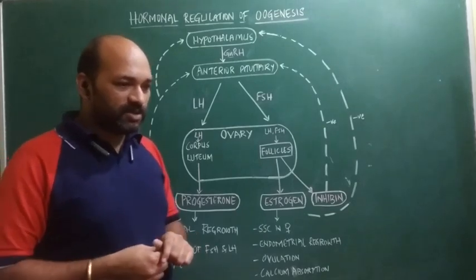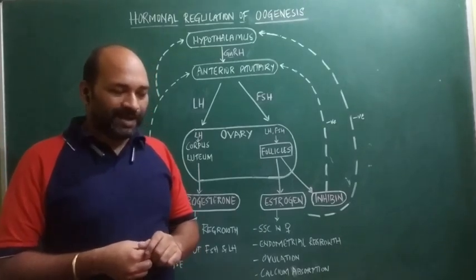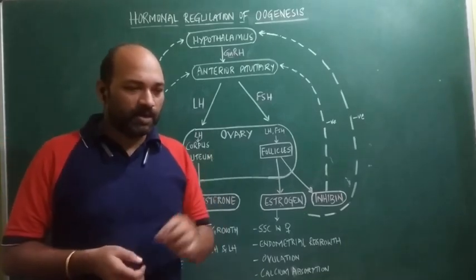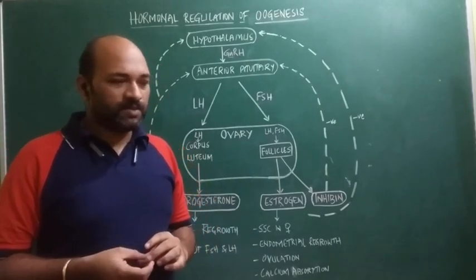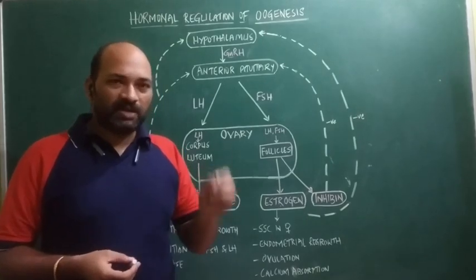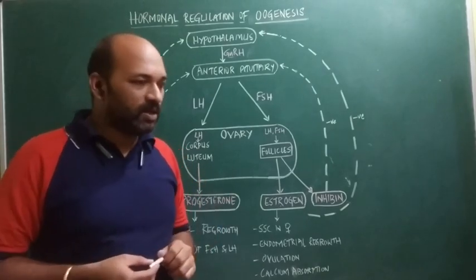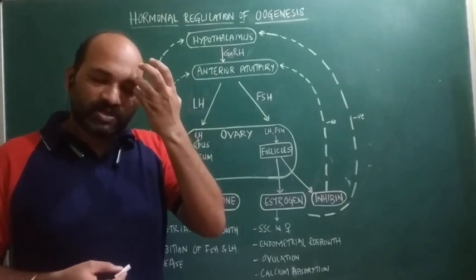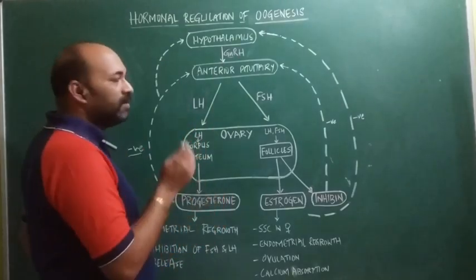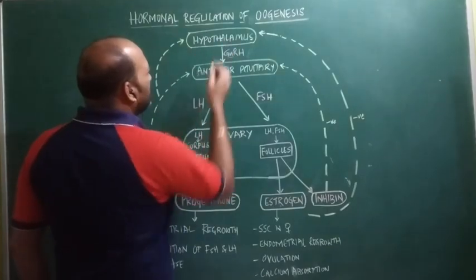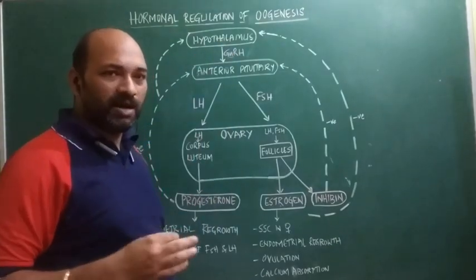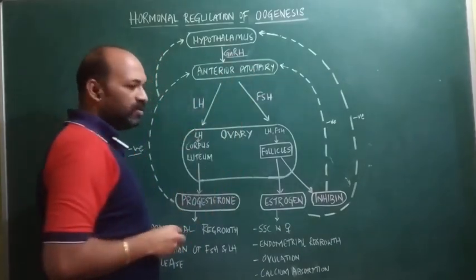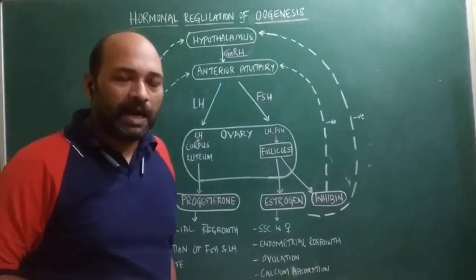As we have discussed in the earlier video also, whenever the gonad, the reproductive organ, requires the hormones, the gonad sends the signal to the hypothalamus. Once the signals reach it, during puberty, the hypothalamus, which is the master of master glands, releases the hormone called gonadotropin releasing hormone.